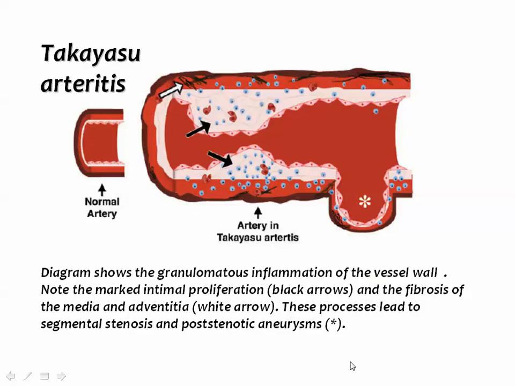Takayasu arteritis is one of the large vessel vasculitis, and this is the normal appearance of the artery and the lining of the artery.